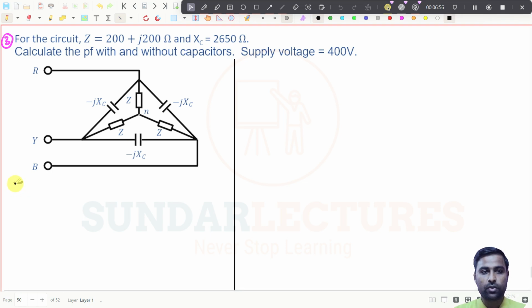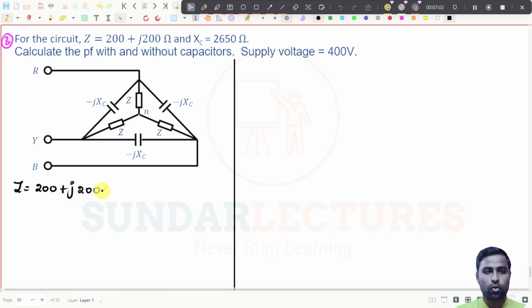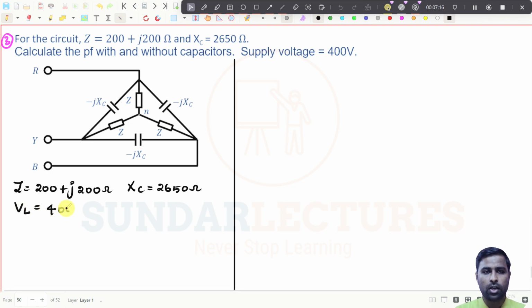So they have given you Z equal to 200 plus J200 ohms, and the value of Xc equal to 2650 ohms, and also the value of VL equal to 400 volt.